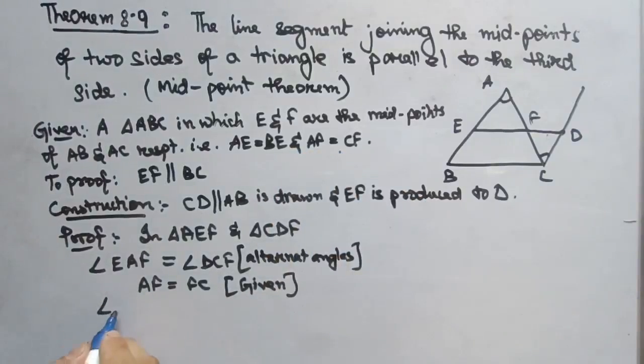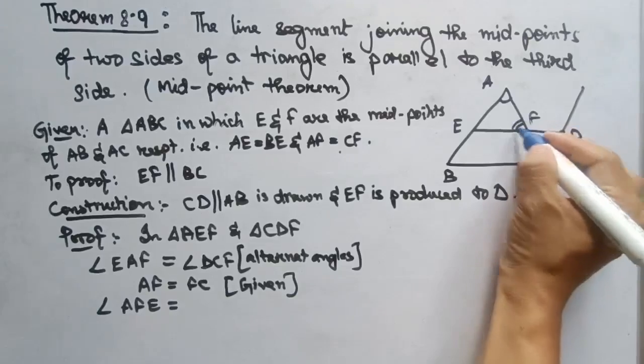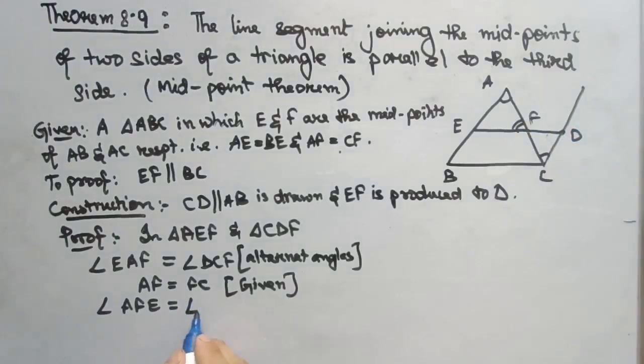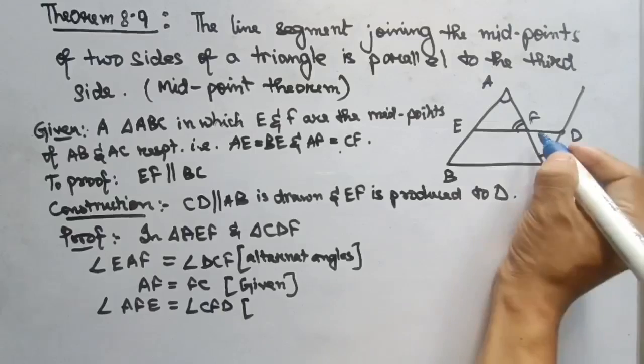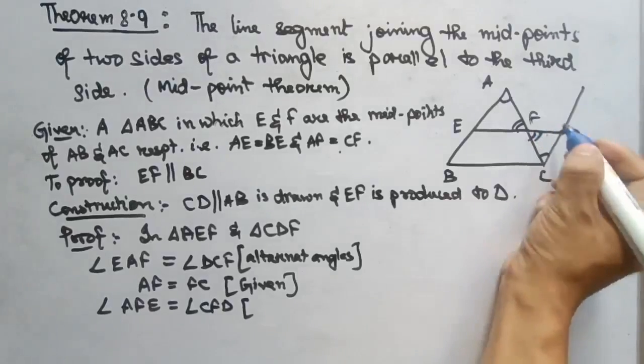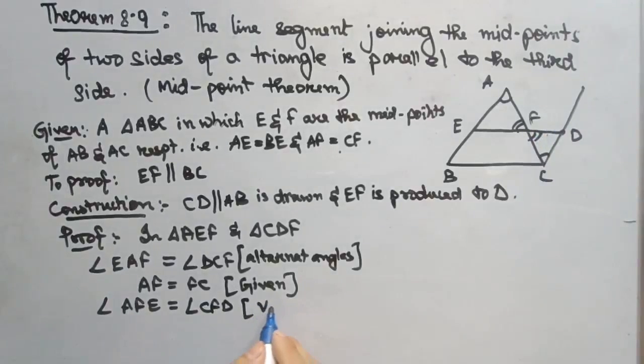And also angle AFE is equal to angle CFD. This is because these two are vertically opposite angles.